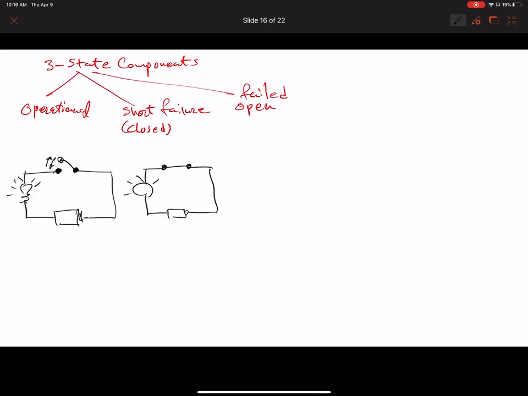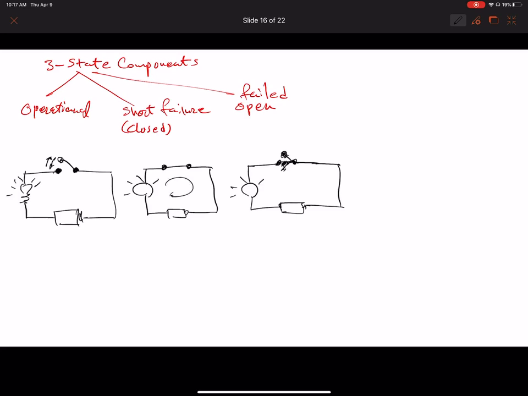And when we say it fails open, it means we're not able to close it back to get the current to go from the battery to the lamp. Or it could be that we could physically close it, but the material here could be defective, and we would think of this circuit as an open circuit in that case.